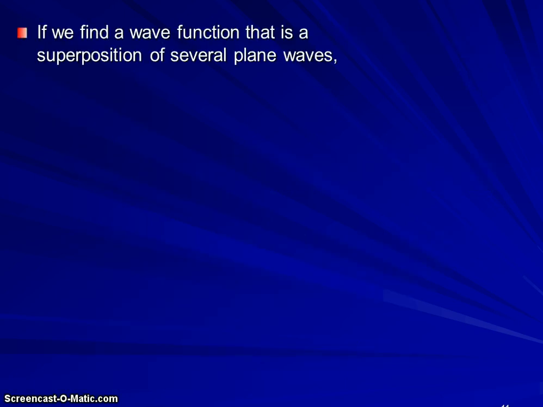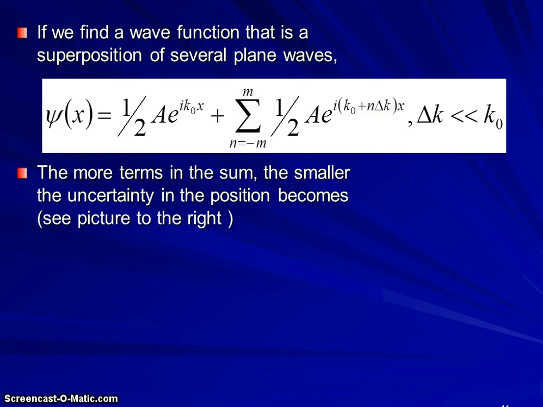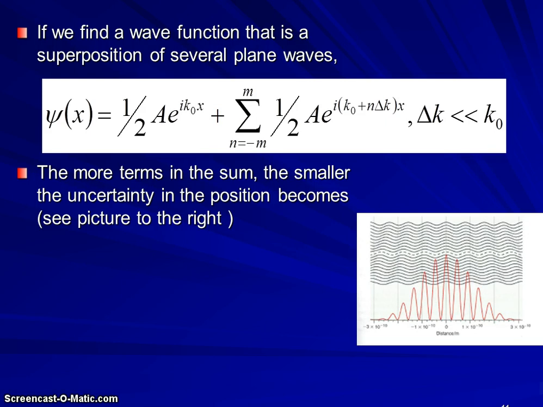Now, if we find a wave function that's a superposition of several plane waves in this form, where we've got just a certain number of plane waves, the more terms that are in the sum, the smaller the uncertainty of the position becomes.